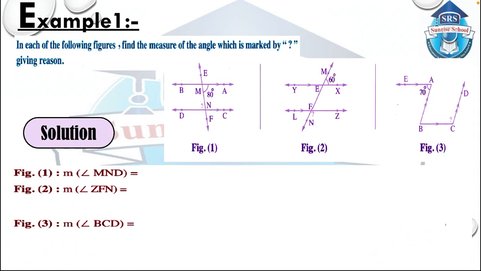Let's see our example. Find the measure of the angles marked by a question mark. Give the reason. In figure 1, find the measure of angle MND. We have two parallel lines and a transversal. Angle MND will equal 80 degrees. Why? Because they are alternate angles.